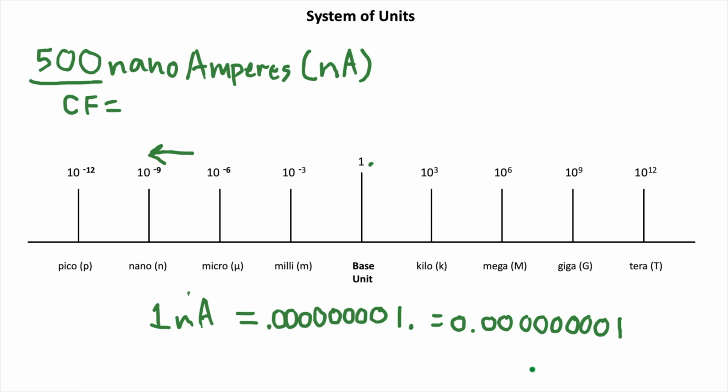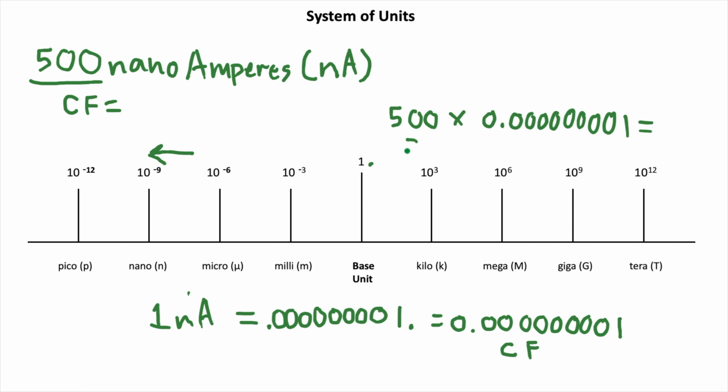So all we're going to do is multiply our significant measurement 500 by this conversion factor. So here's our conversion factor right here. This is the same thing as our conversion factor up there, instead of rewriting all those zeros up here. The equation looks like 500 times 0, 1, 2, 3, 4, 5, 6, 7, 8, and then our 1. Okay.